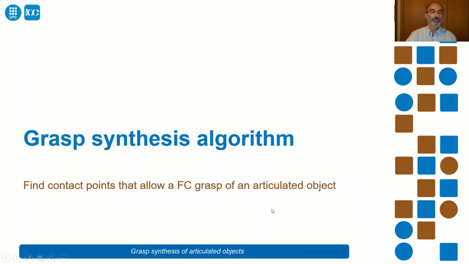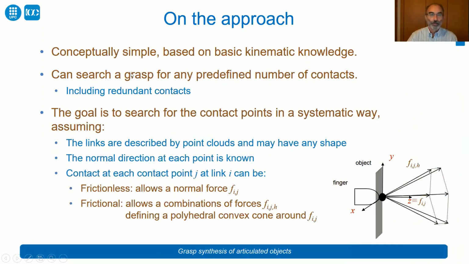So let's go now to the graph synthesis algorithm. The idea is to find contact points that allow a foreclosure grasp of an articulated object. The approach is conceptually simple because it is based on trivial kinematic knowledge that can be found in any textbook. The approach can also search for a grasp for any predefined number of contacts, including redundant contacts. So the approach works well for any number of contacts on the object.